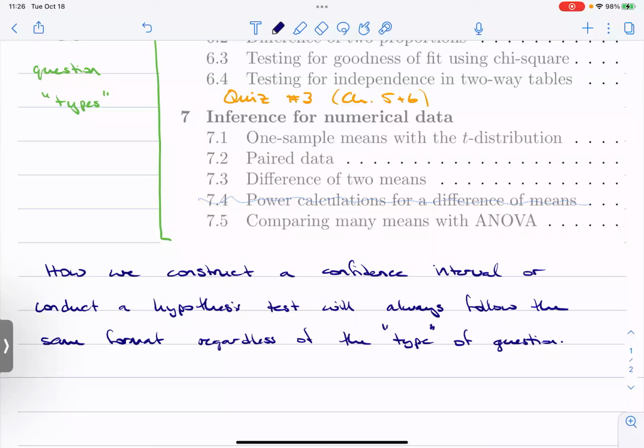So it sounds breezy. Oh, it's just a confidence interval and it's just a hypothesis test. Even if we don't really know what that is, sounds easy, right? But there are a lot of nitpicky things that we need to keep track of, so just be aware.